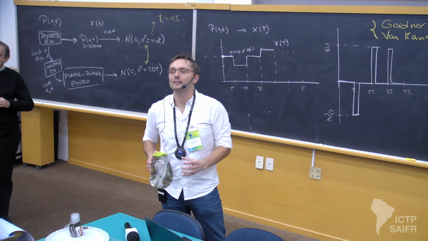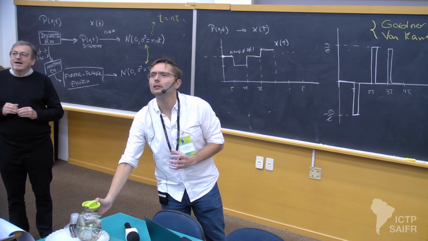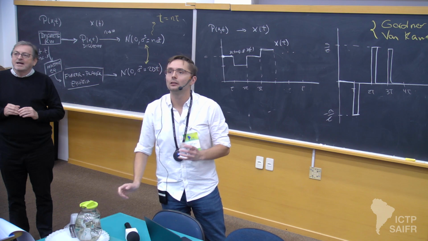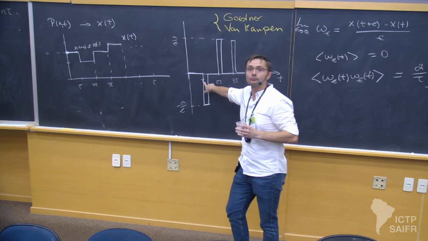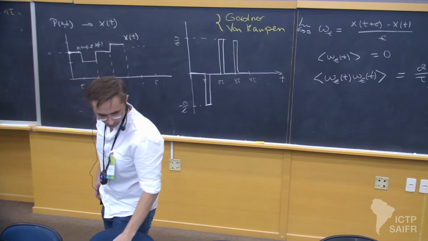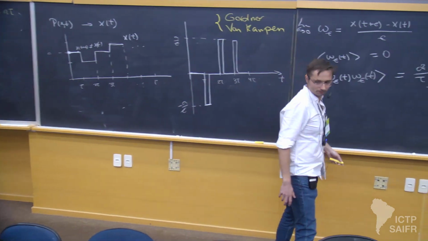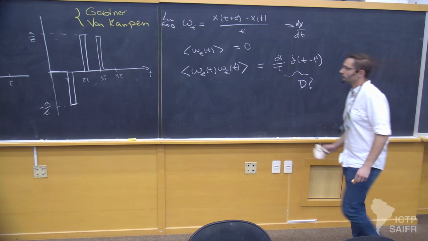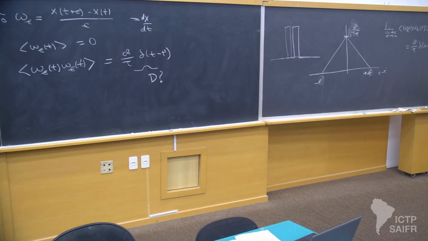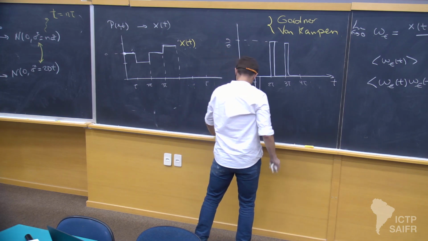Okay, yeah, questions. Why do the pulses have width? Here? Okay, so this is xt.